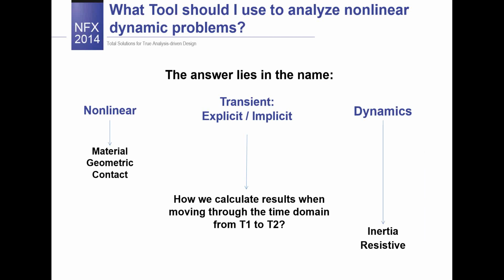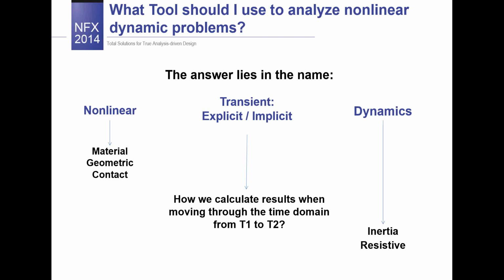The first type is the material nonlinearity, and this refers to the material behavior above, let's say, the proportional limit of the stress-strain curve.